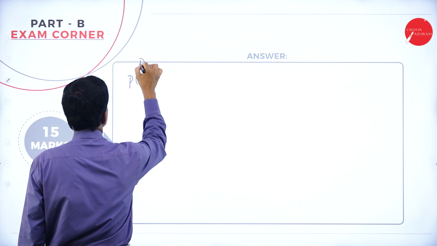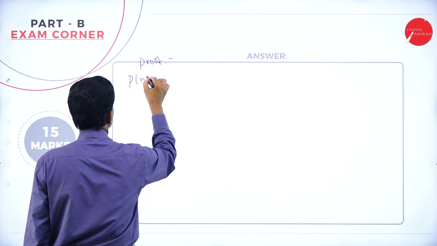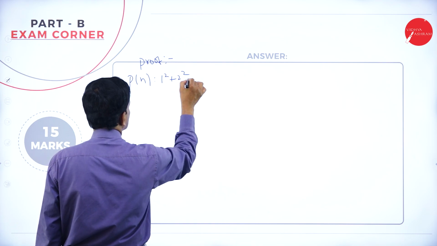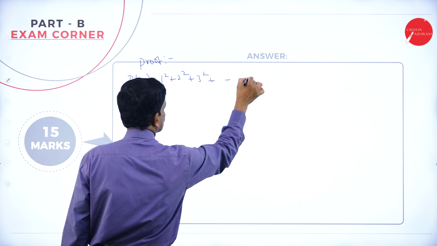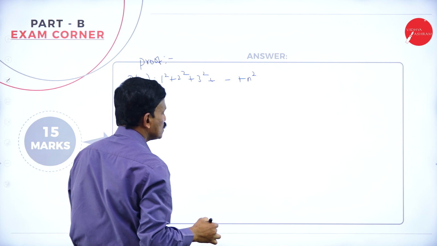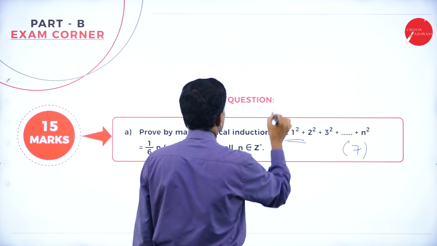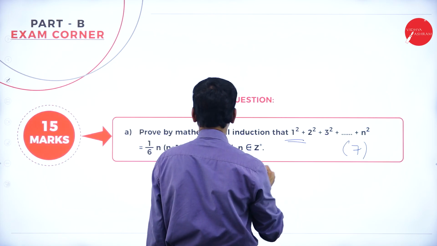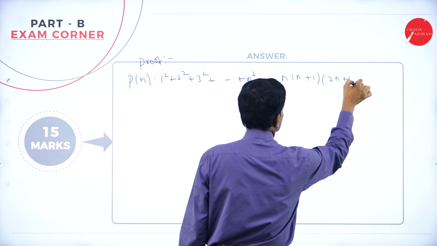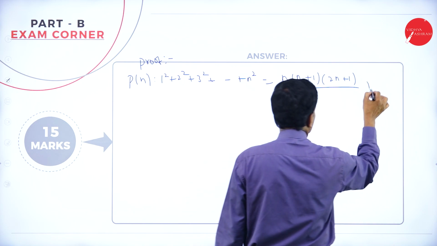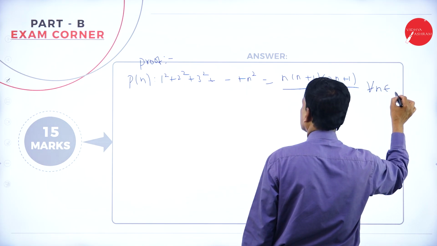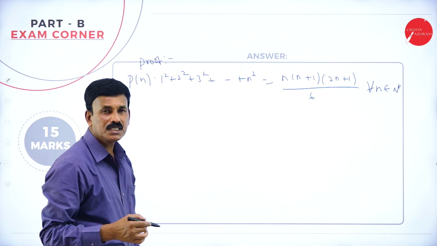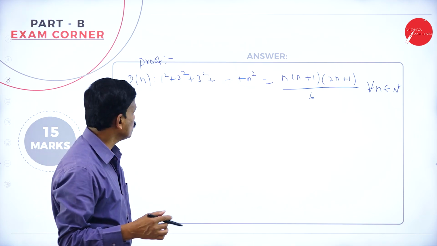Proof. Given P of n is equal to 1 square plus 2 square plus 3 square plus etc. plus n square is equal to n into (n plus 1) into (2n plus 1) divided by 6, for all n belongs to N. Now, this can be done by the method of mathematical induction.